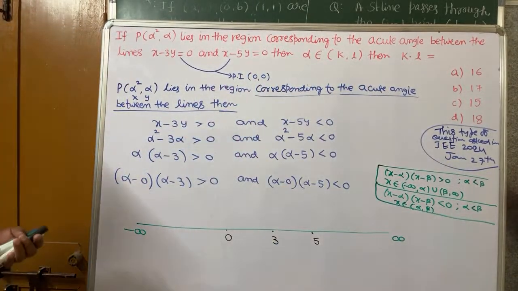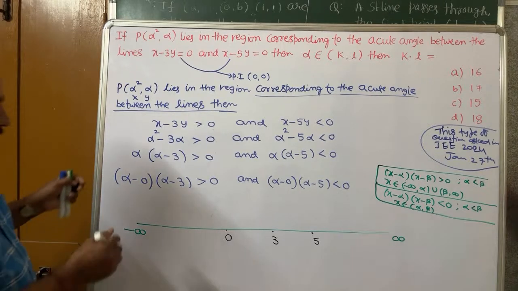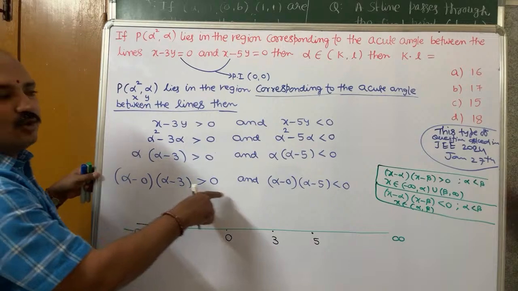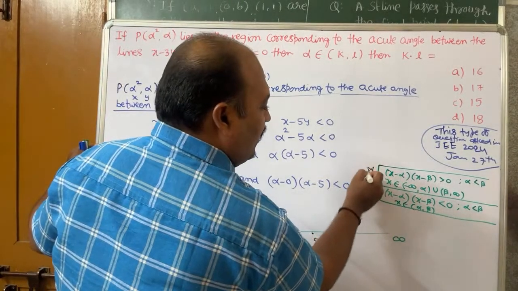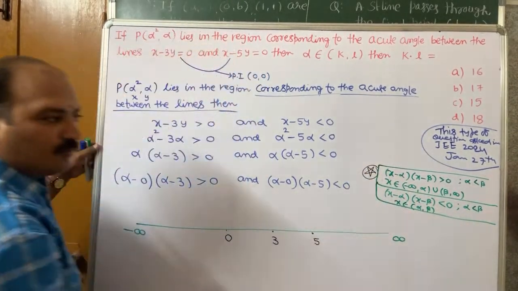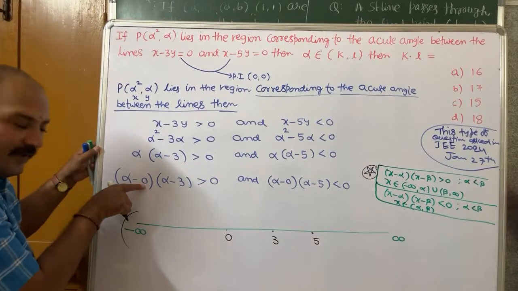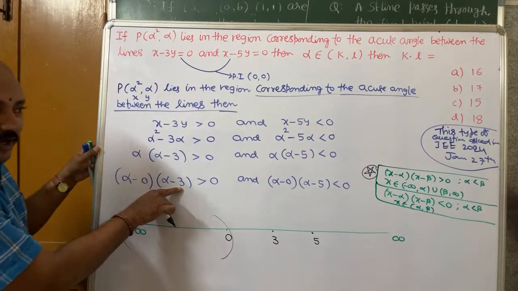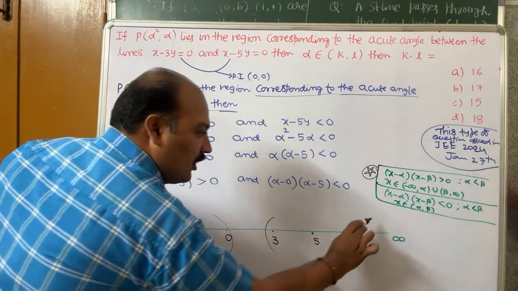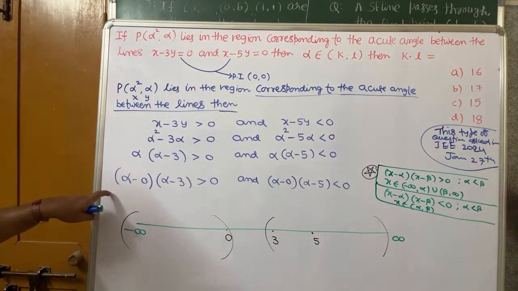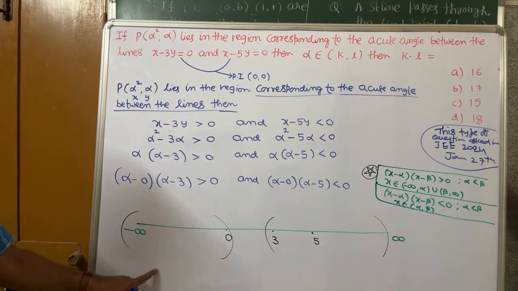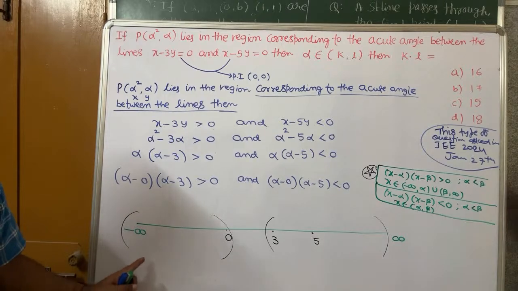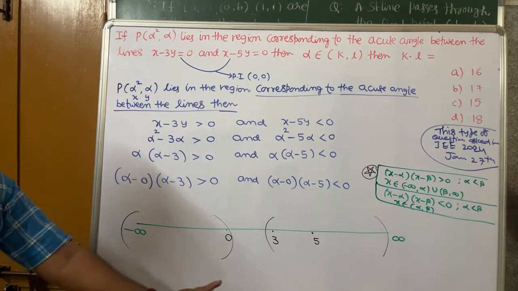So first we write alpha minus 0 into alpha minus 3 greater than 0. Whenever it is greater than 0, the first formula applies. So it belongs to minus infinity to alpha, alpha value here is 0, next beta to infinity, beta means 3 to infinity. This is the first inequality answer.